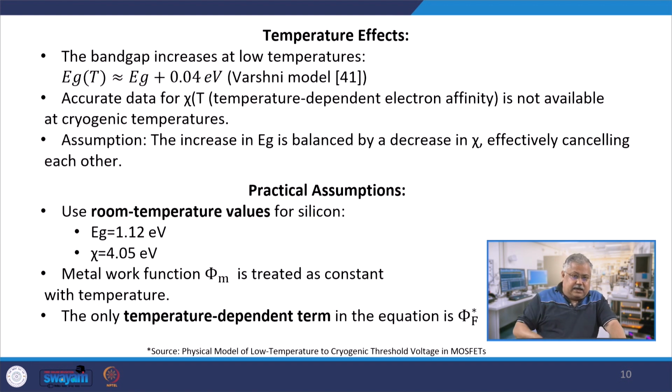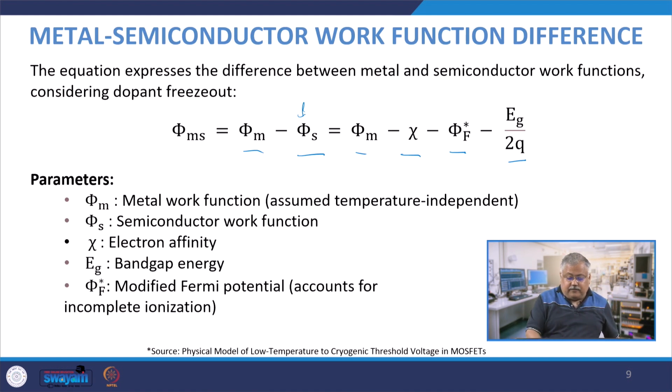Let us take up a practical example: if my Eg is 1.12 electron volt and chi, the electron affinity, is 4.05, then for all practical purposes we treat phi m, the metal work function, as almost constant and independent of temperature. So, the only temperature dependent term in this factor is phi f star.